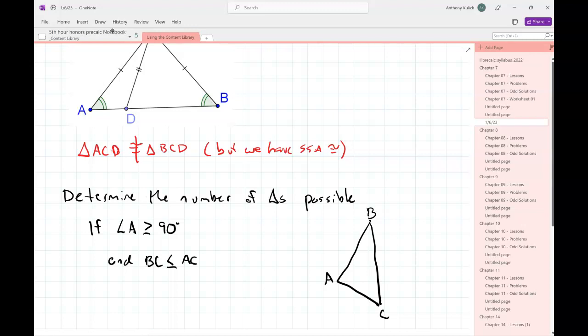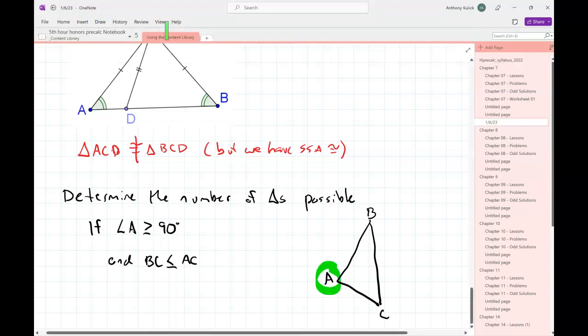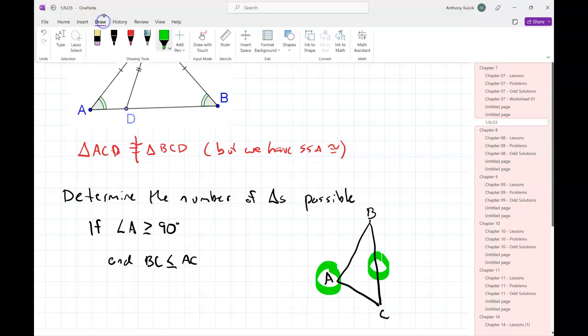Obtuse or right. In that situation, how many obtuse or right angles can a triangle have? Exactly one. I know that across from the biggest angle should be the biggest side, right? So if I have an obtuse angle at A and the side opposite A, BC, is not the biggest side, what does that tell me?